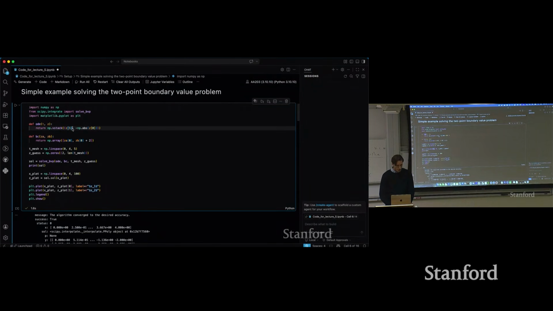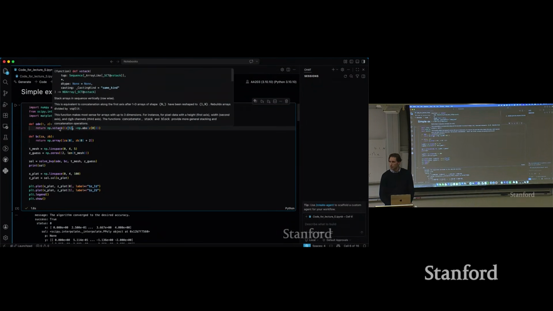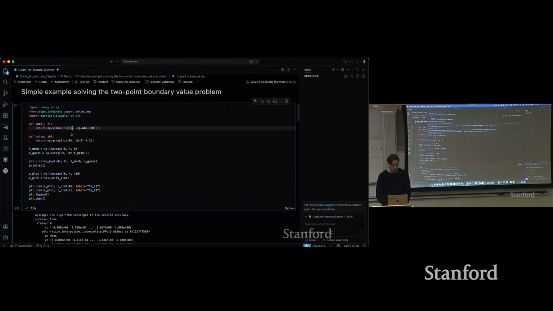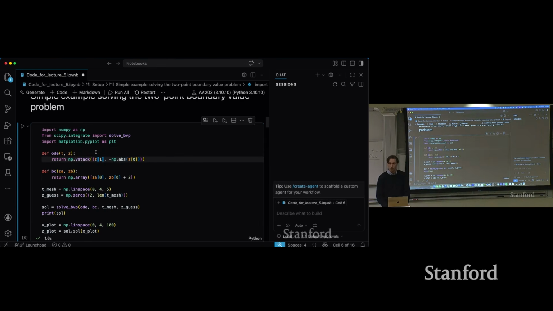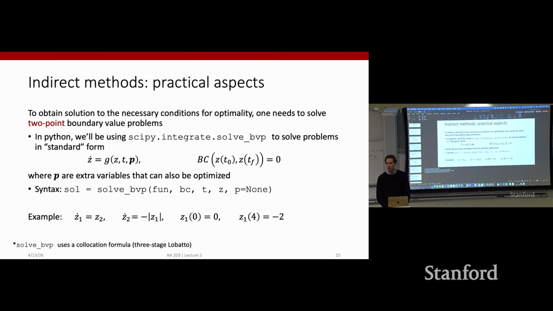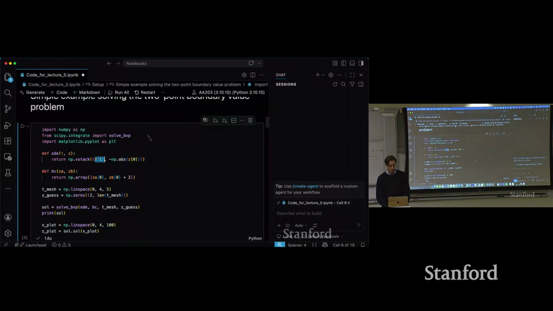Here we're just stacking those dynamics. Remember that in Python, counting starts from 0. So we have Z1 dot equal to Z2, so here we're just saying Z2. And then Z2 dot equals negative absolute value of Z1, so we have negative absolute value of Z1.